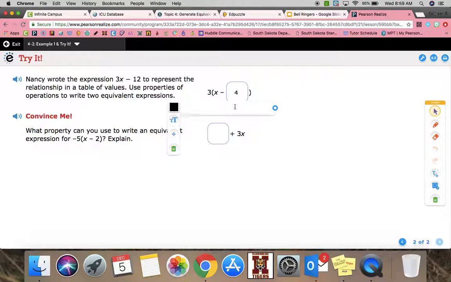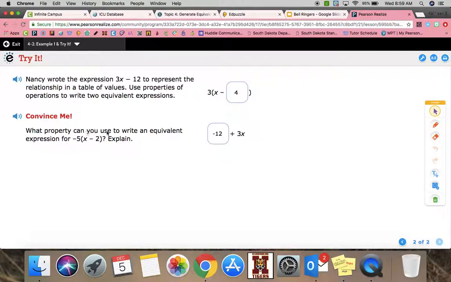So we know that the negative 12 has to go out in front because it used to be in the back. Now the 3x is, so it has to go here. So negative 12 plus 3x is an equivalent expression to 3x minus 12. The 3x is still positive and the 12 is still negative, so they are still the same.